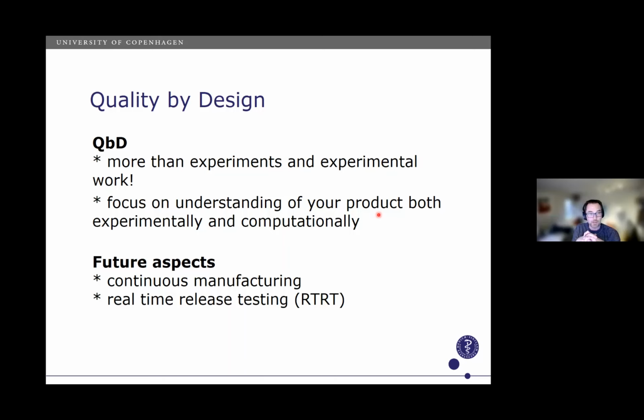And as we discussed, many of these techniques are pointing towards continuous manufacturing solutions. In the context of continuous manufacturing, these techniques would be very important. And one of the ultimate solutions would be to aim for real-time release testing. That would be very beneficial for this environment.